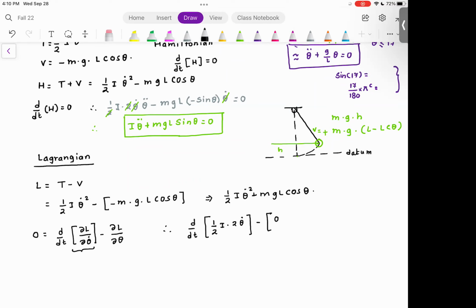Cosine becomes minus sine, equal to 0. Now this 1/2 cancels with this 1/2. Now I need to take the derivative of that quantity. I is a constant, so it comes out of the expression. Theta dot becomes theta double dot, plus mgL sine theta is equal to 0.